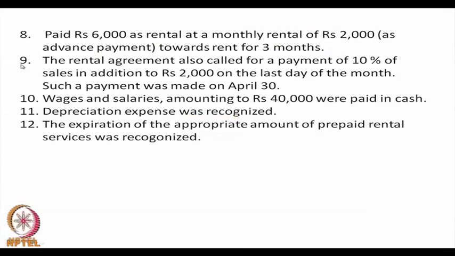Now, we go to transaction number 9. Here the agreement calls for a payment of 10% of sales in addition to rupees 2000 on the last day of the month, and such a payment was made on April 30th. So, that is number 9. So, here a payment was made, that means cash position will come down, and this entry will be shown somewhere in the rental.